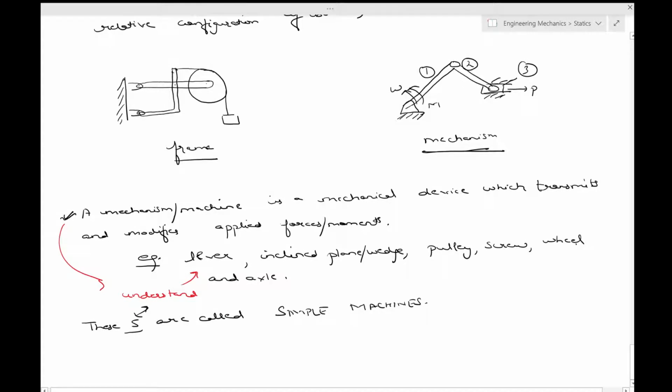The idea is that if you give an input load, a load may be either a force or a moment, these machines will help you get an output which is having a magnitude which is different, or the direction either way different from the input one. That's how they help in modifying the applied forces. So all of these 5 simple machines you should be able to learn.